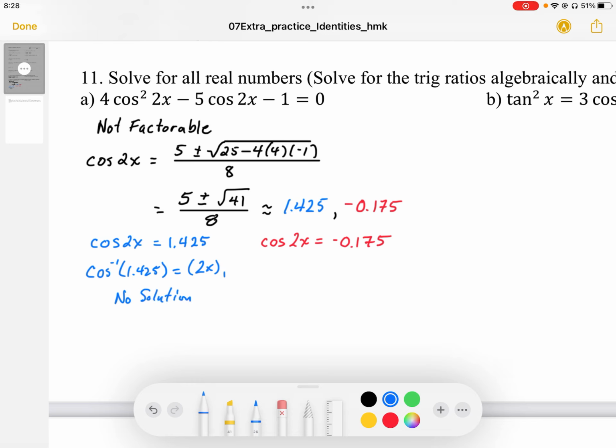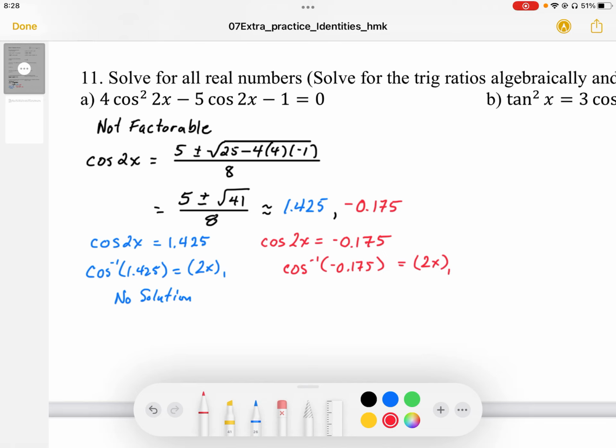Okay, so then I go to cos 2x equals negative 0.175. I'm going to arc cos this. So I get inverse cos of negative 0.175, and that's going to be equal to theta 1.